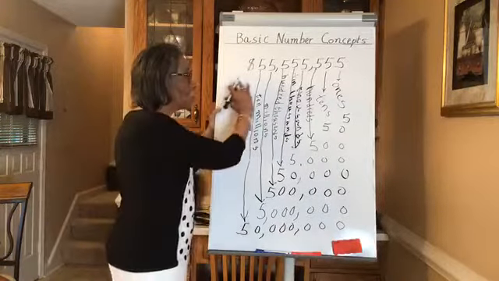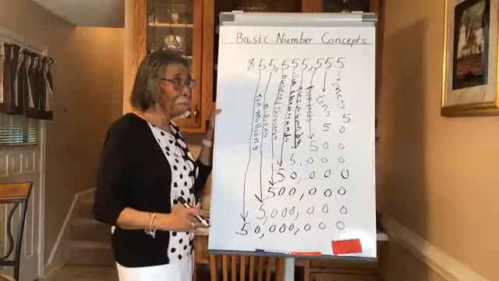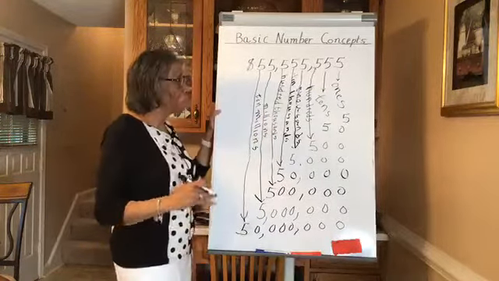I purposely put all the same digits up because I wanted to get a concept over to you: where the digit is determines its value. If a digit is in ones place, it's that many ones. If the digit is in tens place, it's that number times 10. If it's in hundreds place, it's that number times 100.